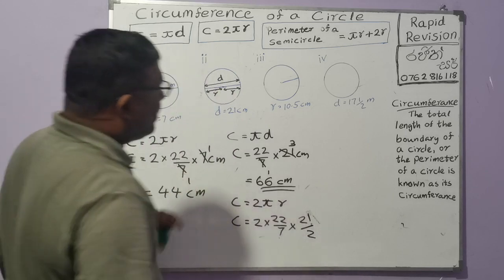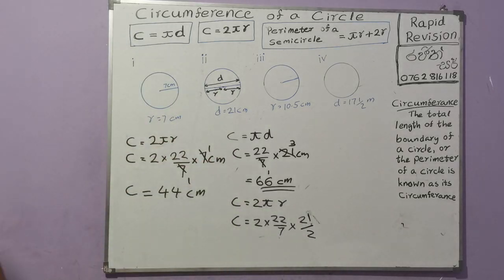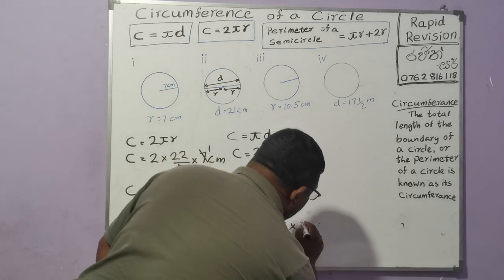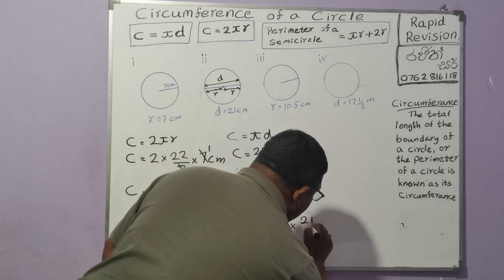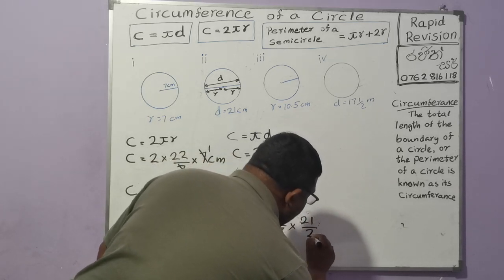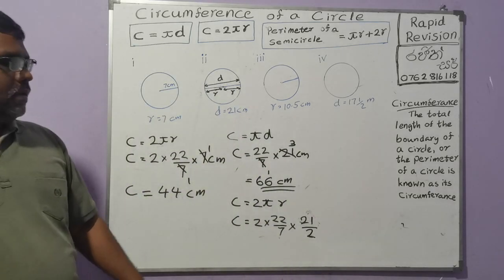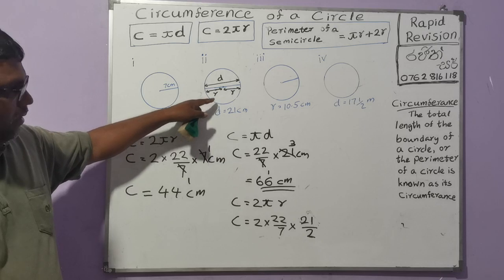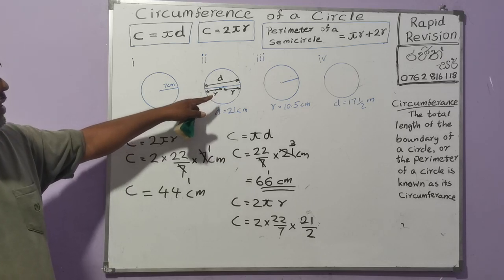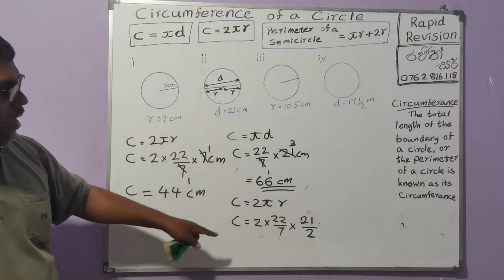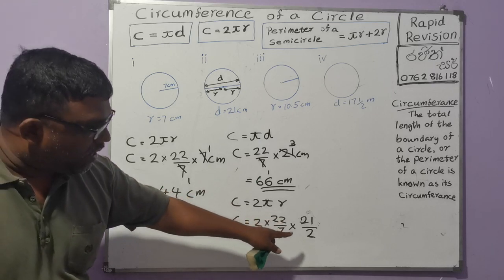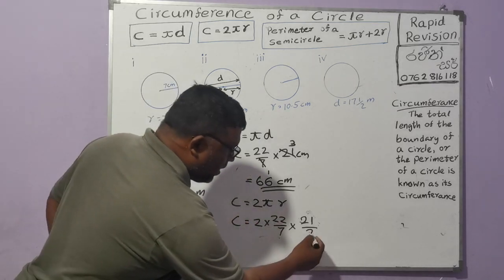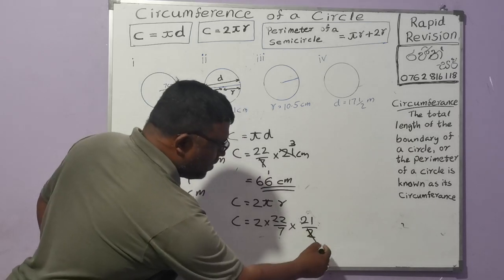The radius r is equal to 21 divided by 2. Then you can cut this 2 by 2, that is 1.